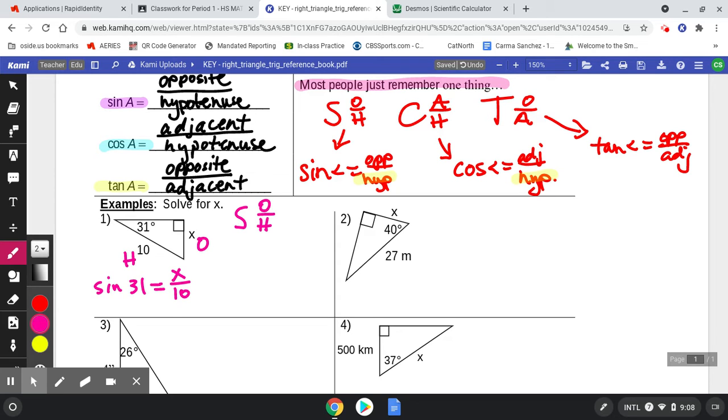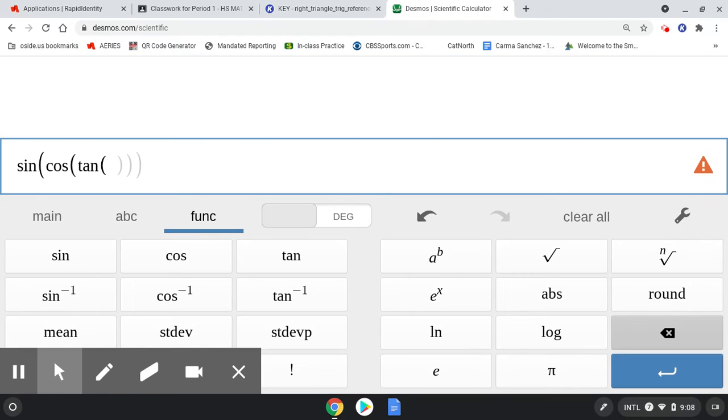Now we're going to solve this equation for x. How do I get x by itself? I'm going to need to multiply both sides by 10 in order to get x by itself. So what I'm actually plugging into the calculator right now is 10 times the sine of 31.